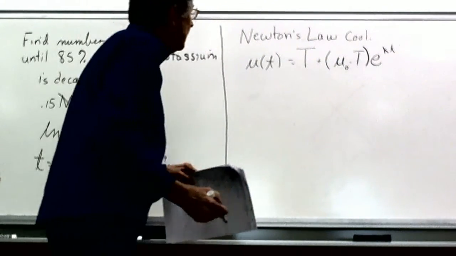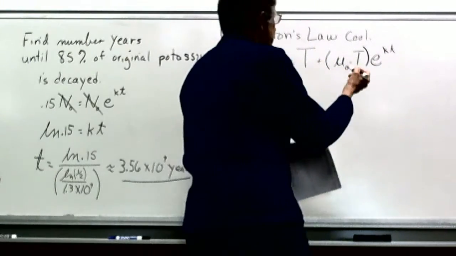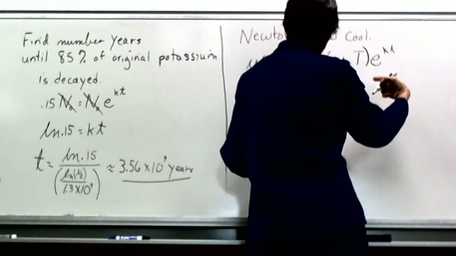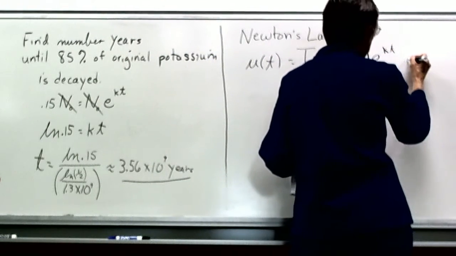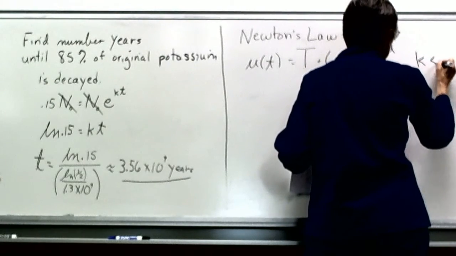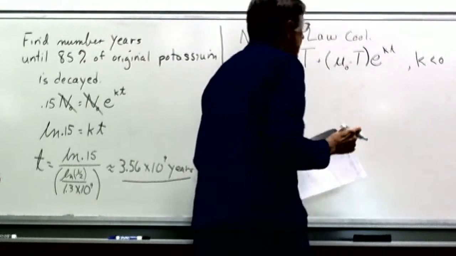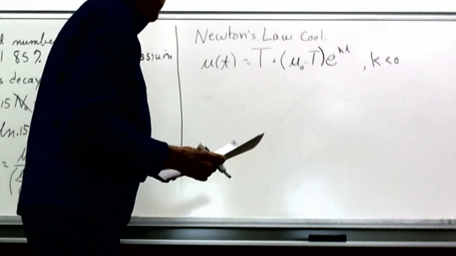And when we have that formula given, we know that because we're going to be cooling, the temperature is going to be going down and k will have to be a negative number. And in this case, it certainly will be.